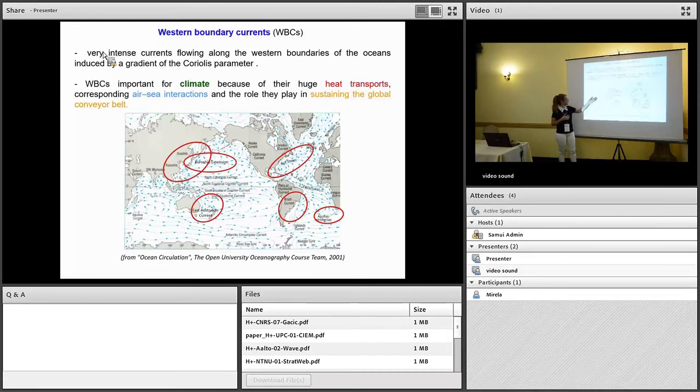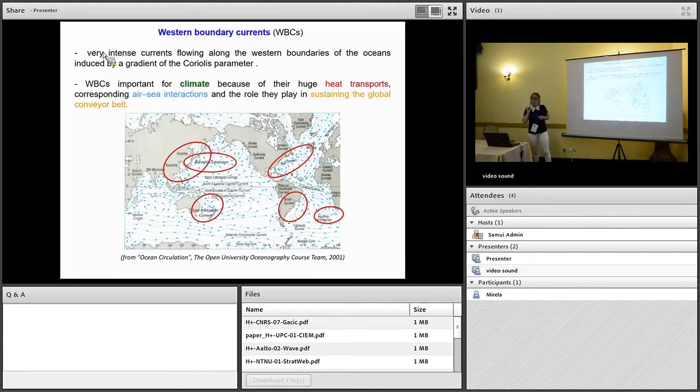The first one is the well-known Gulf Stream, which flows along the east coast of the United States. And the second example of such a big current is the Kuroshio current flowing in front of China.